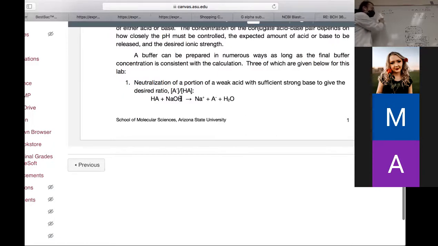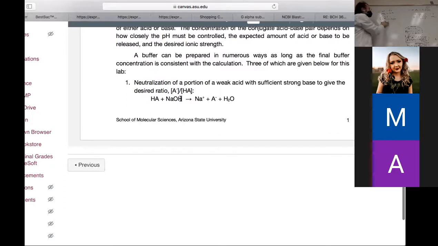This is very straightforward because I told you we are making a 0.1 molar buffer, so you already know the concentration: 0.1 molar. And the volume is 50 mil, which equals 0.05 liter.